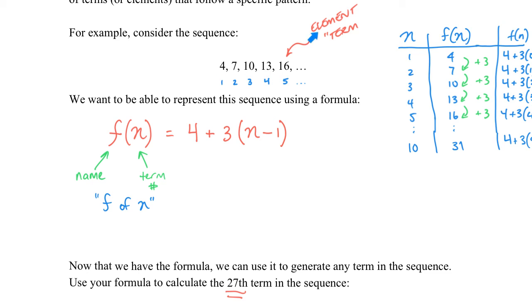It consists of elements, or we also call them terms. The terms are ordered, and we call that the n value, so it's the nth term. And we can represent sequences with a formula that allows us to find any term in the sequence. That's what I really need you to take away from this. All right, and we'll talk more in class.